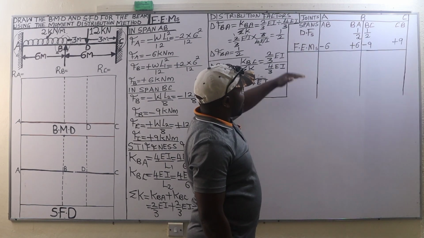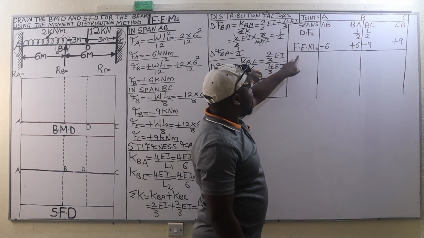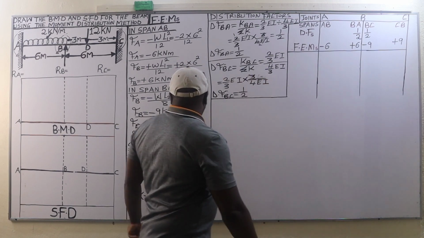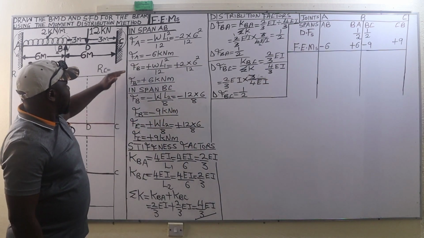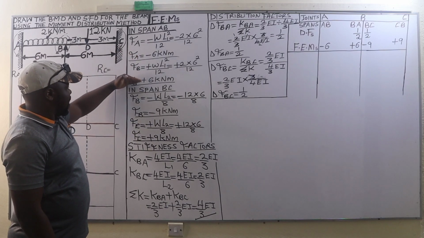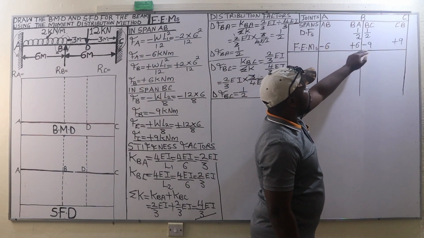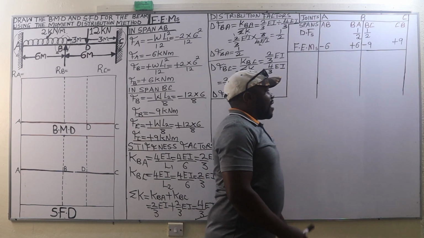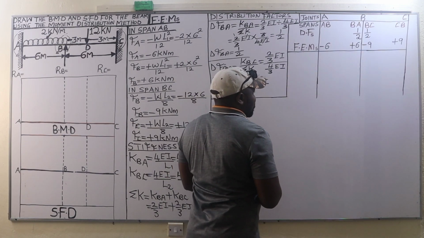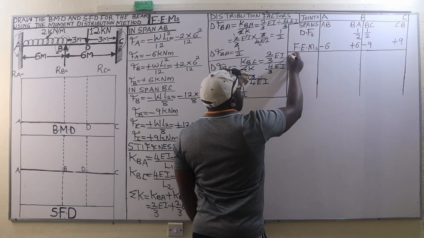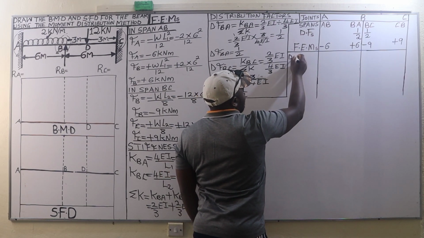Then below the distribution factors, we have the fixed end moments, and we had calculated all the fixed end moments. They are here, so we are going to write them each on its member. Then from there, we are going to do what we call distribution. So we distribute.